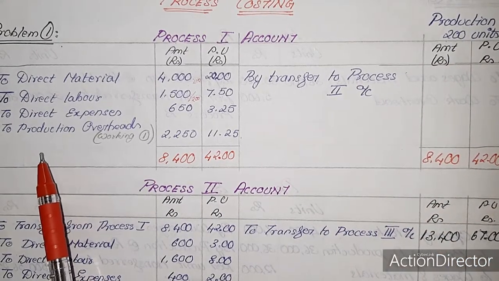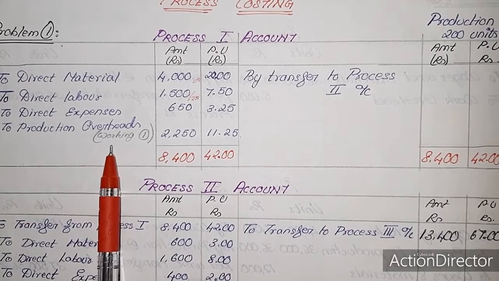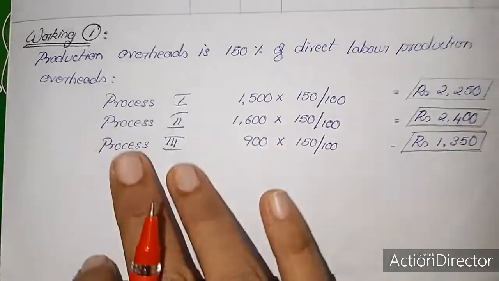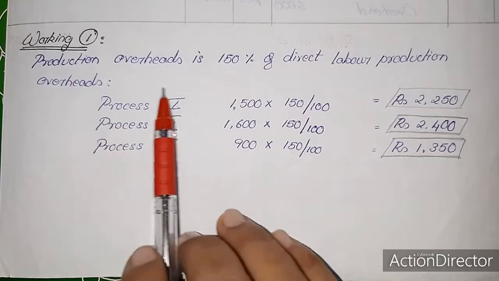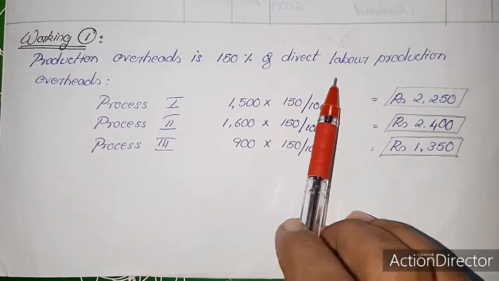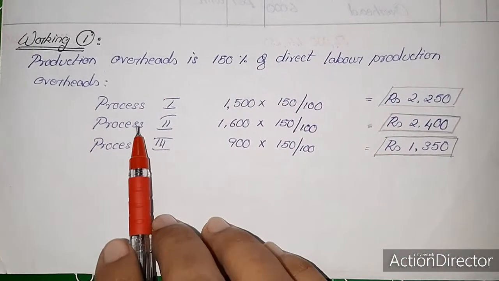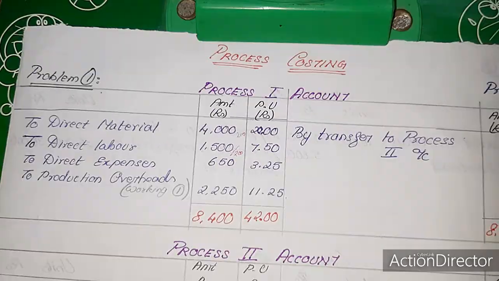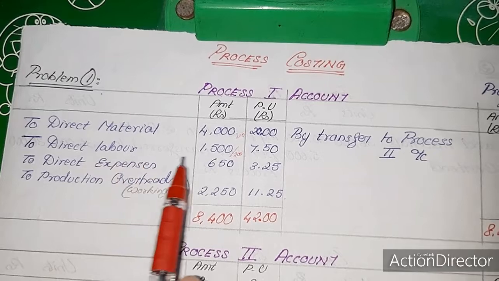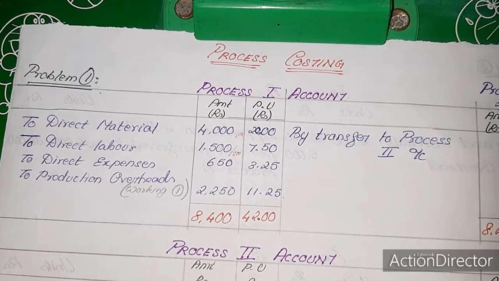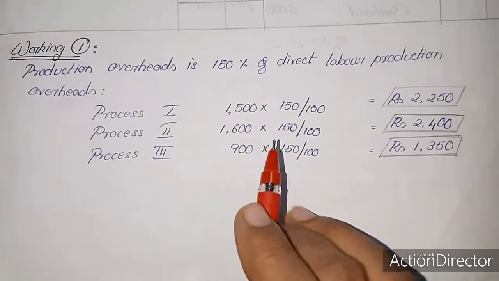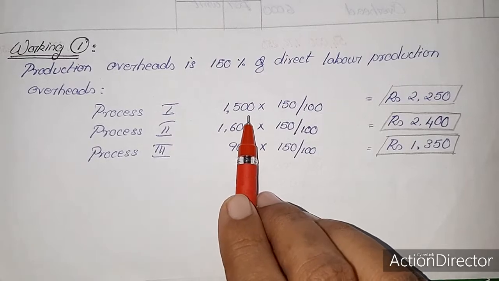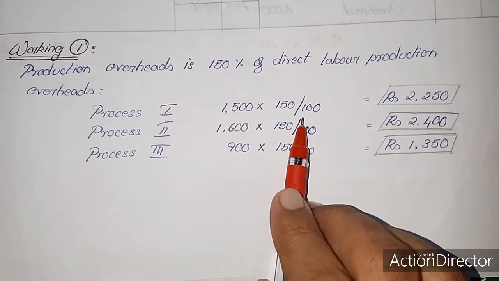So we have to calculate the production overheads. For the production overheads we have to calculate 150% of direct labor. For process 1, direct labor is 1,500. So we are finding rupees 1,500 into 150%.